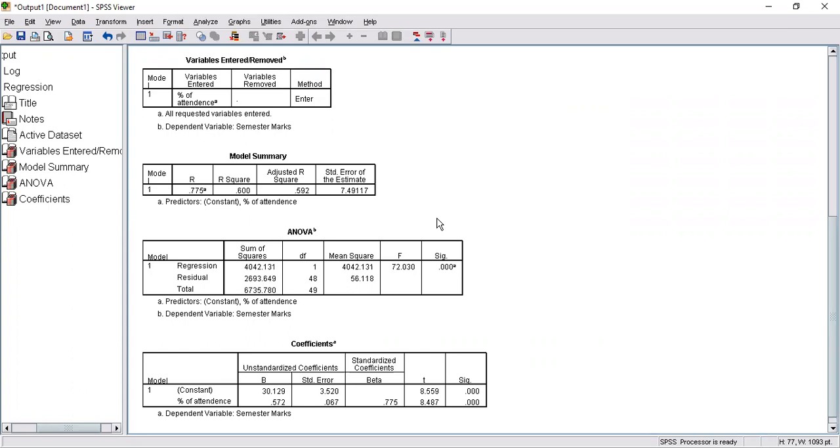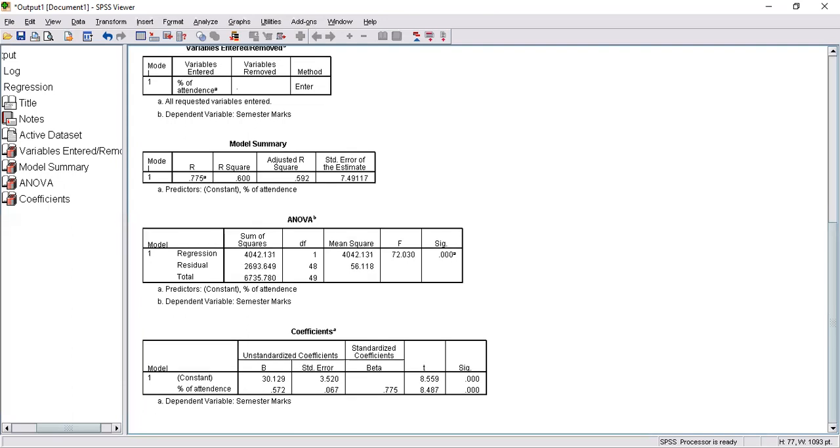And the ANOVA table shows that my regression analysis is significant. What is our regression equation? If you want to write the regression equation, then you will write marks equals constant 30.12 plus 0.57 into attendance. It will be our regression equation.